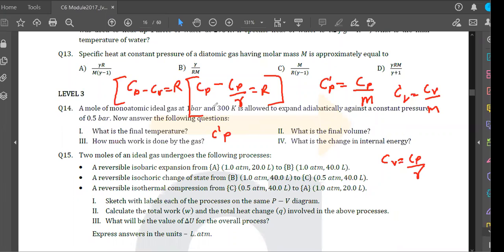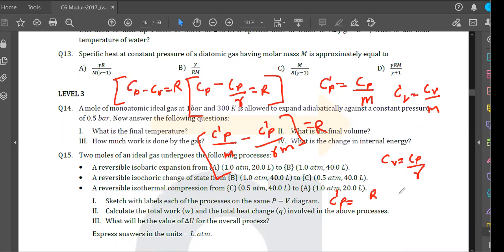Now C dash P, right? Cp can be written as C dash P by M minus C dash P by gamma M is equal to R. Can you find C dash P? What is C dash P?